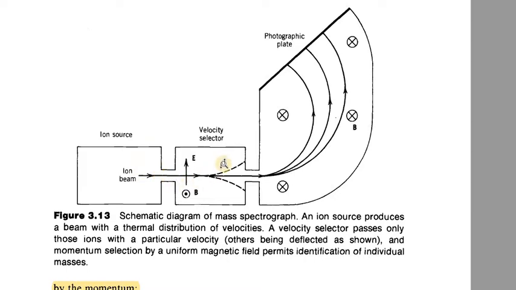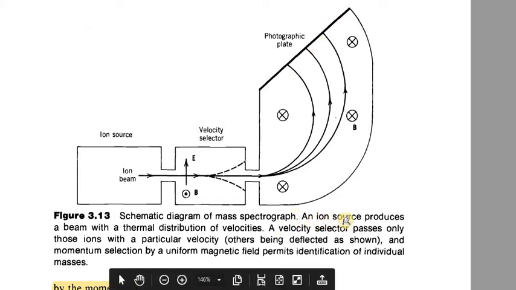The components of the mass spectrometer are the ion source, the velocity selector, then the momentum selector, and then the beams will hit the photographic plate. The ion source produces a beam with a thermal distribution of velocities.